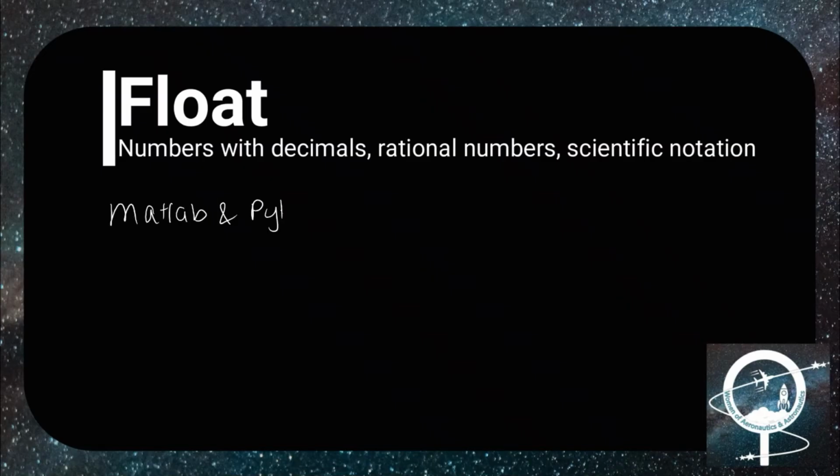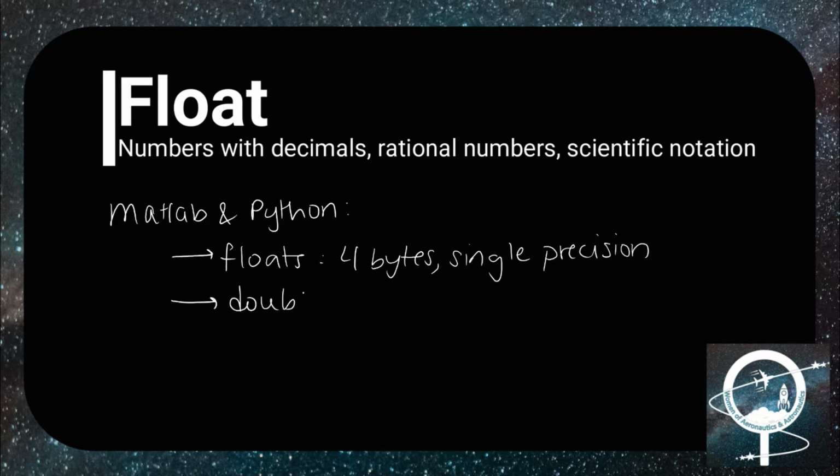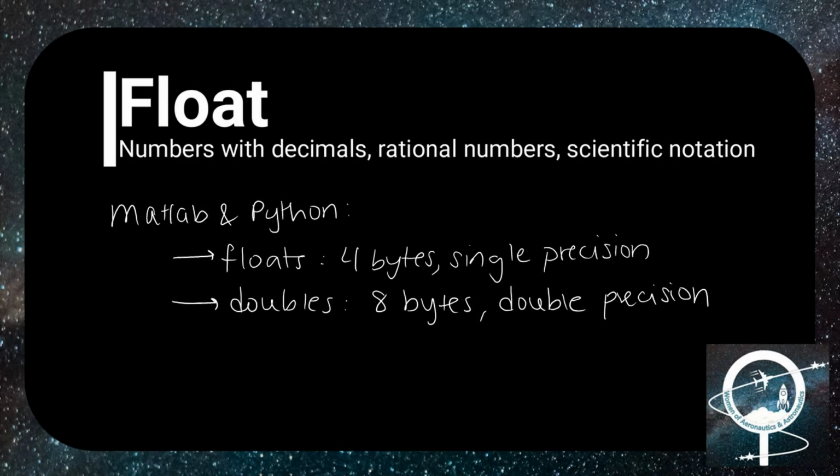In Matlab and Python, floats are single precision numbers with 4 bytes of memory, while doubles are double precision numbers with 8 bytes of memory. Here, precision relates to how precise your numbers can get. With more memory, you can save a number with more digits after a decimal point, which makes it more precise.